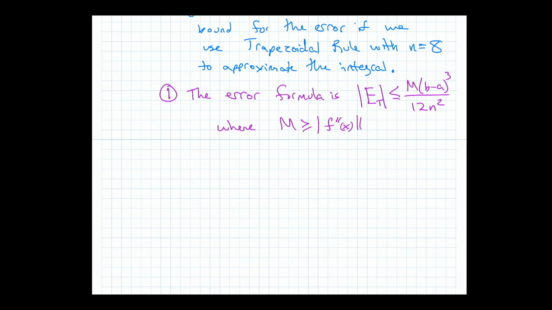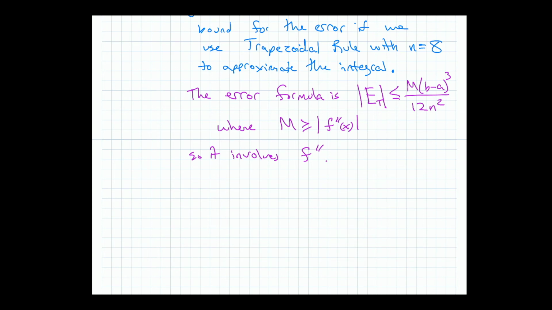Now I know that I just wrote the inequality the other way around, but it's fine, right? It doesn't matter what you write on what side. So this involves the second derivative. So it involves f double prime.